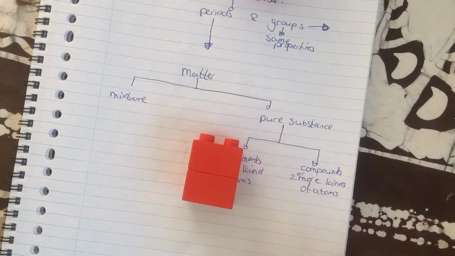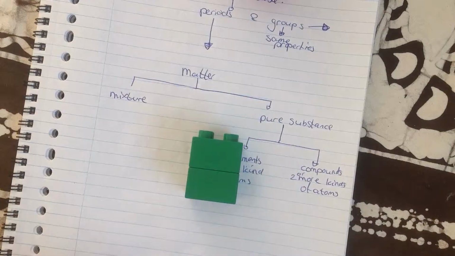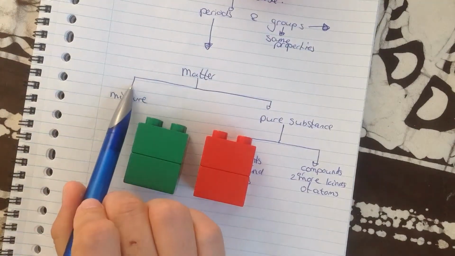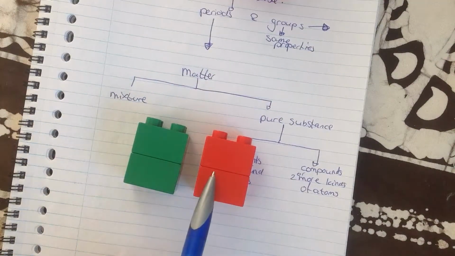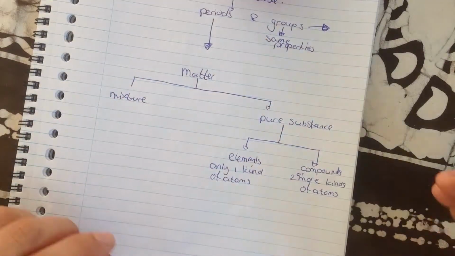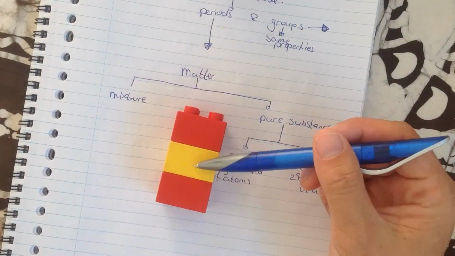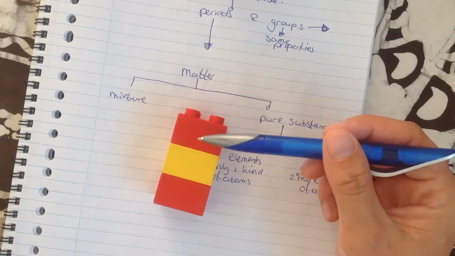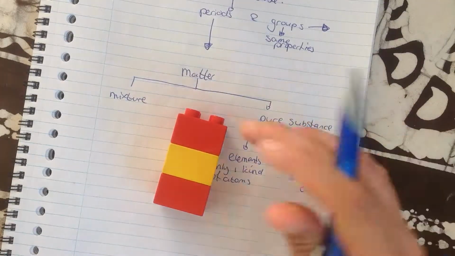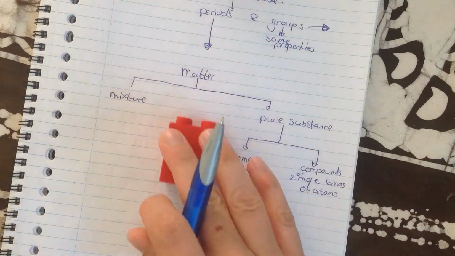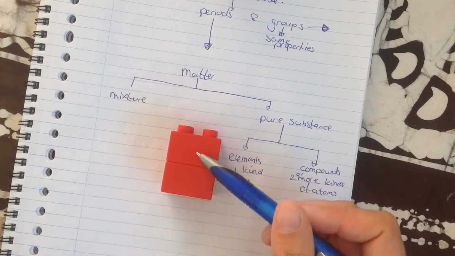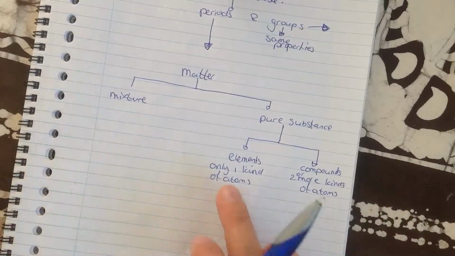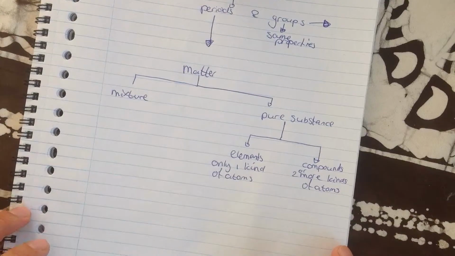So a compound has two or more kinds of atoms. So in this case it's red, yellow, red, but the red, yellow, green ones would be a compound too. This is an elemental substance, or an element, because I only have red ones. So that's the difference between an element and a compound.